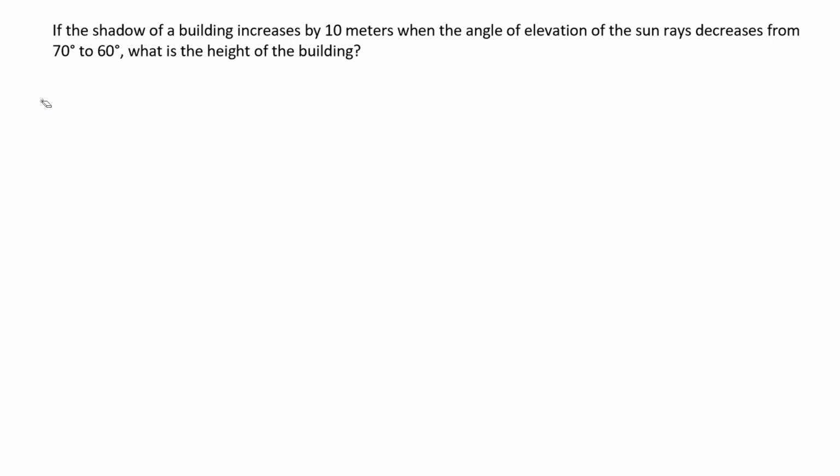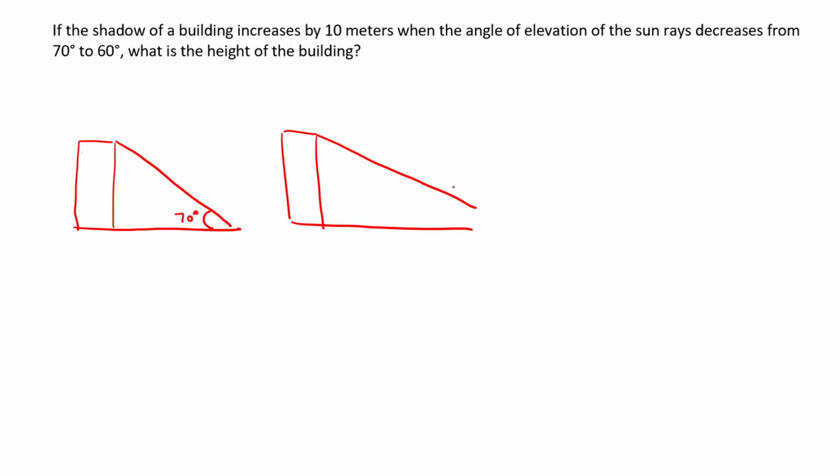Okay, so let's just draw a building. And we do not know the height of the building. Okay, but we do know that when the angle of elevation goes from 70 to 60, the shadow is going to get 10 feet longer.